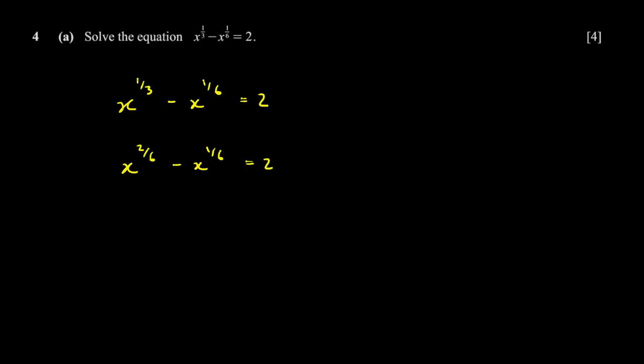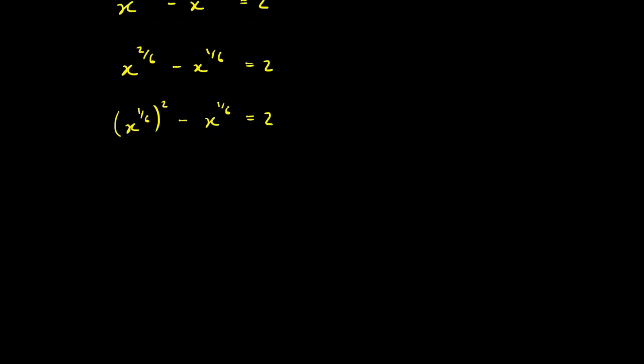Okay, so it's a slightly harder one than usual, I think, but once you've done that, hopefully it's relatively clear, because I can now rewrite this as (x to the power of 1 upon 6) squared minus x to the power of 1 upon 6 is equal to 2. And therefore, I can use a substitution. I can say let u equal x to the power of 1 upon 6.